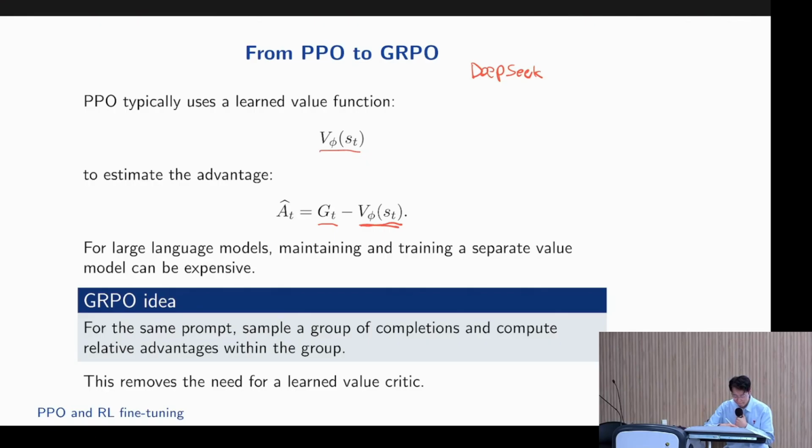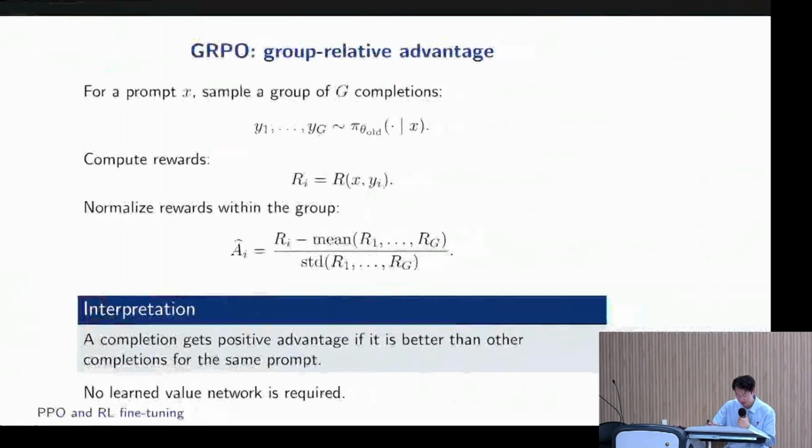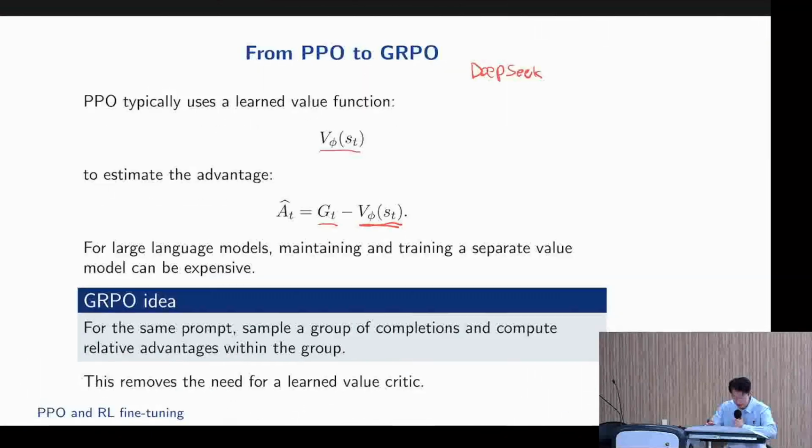The idea is you're going to sample a group of completions and compute the relative advantage within the group. So the idea here is the actual return you got minus the expected reward that you would expect starting from the state, right?